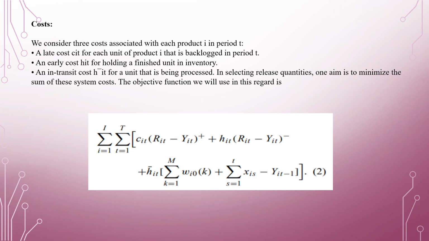In selecting release quantities, one aim is to minimize the sum of these system costs. The objective function we will use in this regard is here.